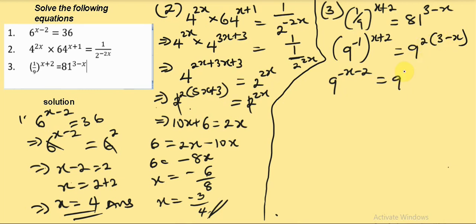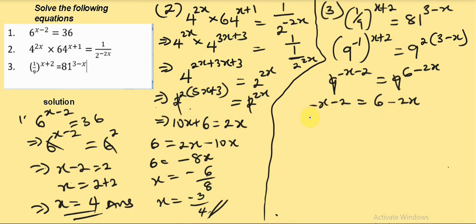Is equal to 9 exponent, 2 times 3 is 6, 2 times minus x is going to give me minus 2x. So 9 will cancel out 9. I'll pick the exponent. I have minus x minus 2 is equal to 6 minus 2x. So this is a linear equation. I'm going to collect like terms. So minus x and minus 2x are like terms.